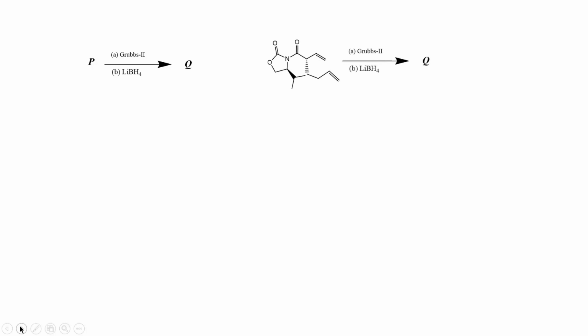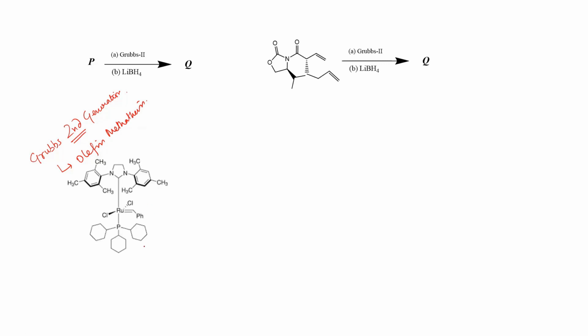Now we have to know about Grubbs catalyst, the second generation catalyst. All Grubbs catalysts, first generation or second generation, help in olefin metathesis. It is a catalyst where the metal is attached to an alkylidene having a double bond.